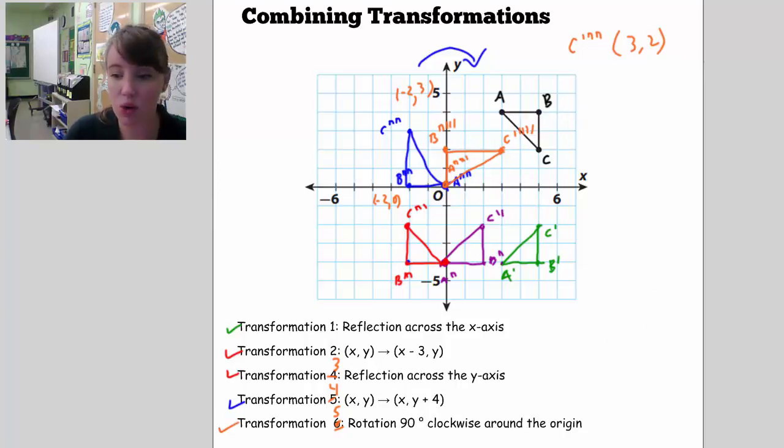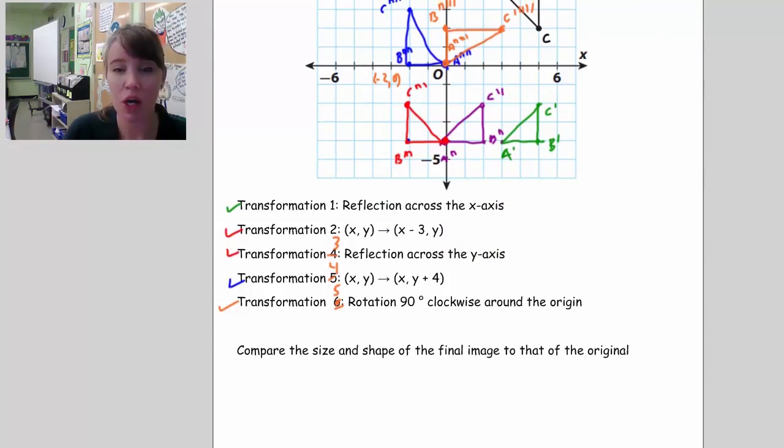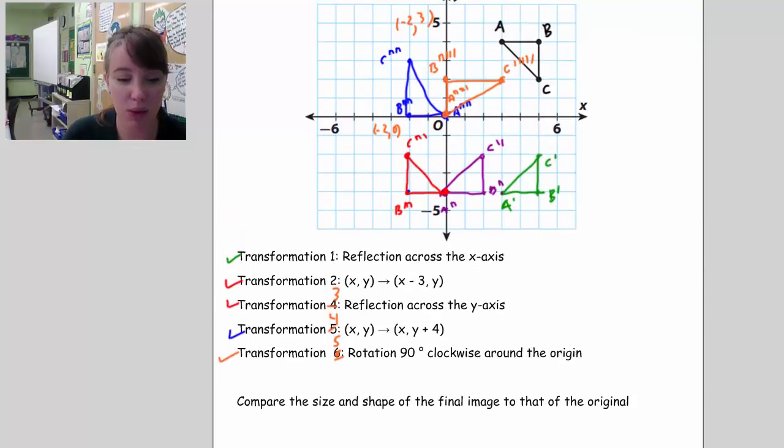Okay, so the next thing that I wanted to talk about was comparing the size of the final image with the original. This is asking whether or not these shapes are congruent. Now, we know that reflections, translations, and rotations all maintain congruency.